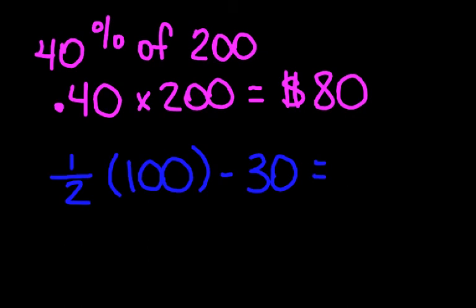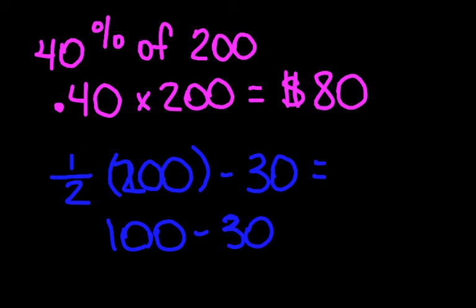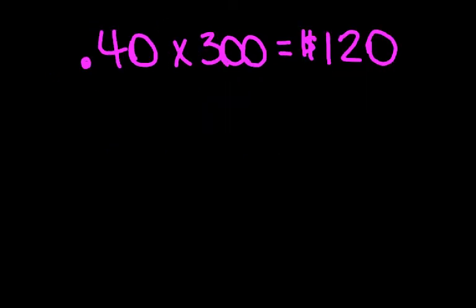And then it says it's the same as 1/2 of the cost, decreased by 30. Half of 200 is 100. And then when you decrease that by 30, it gives you $70. So as you can see, these two are not the same, therefore A cannot be your answer, or the cost cannot be $200.